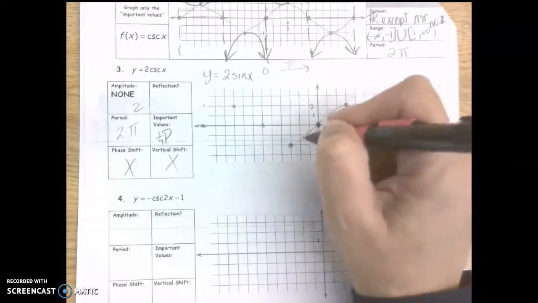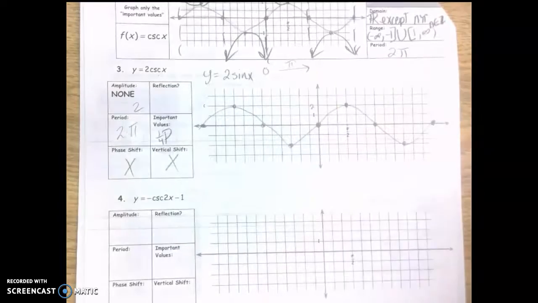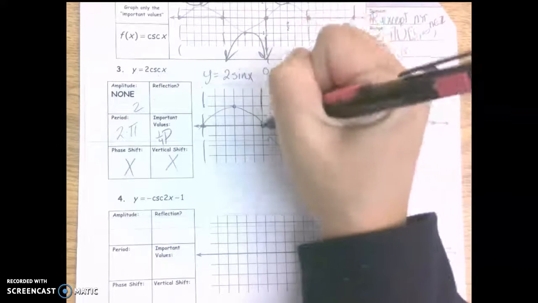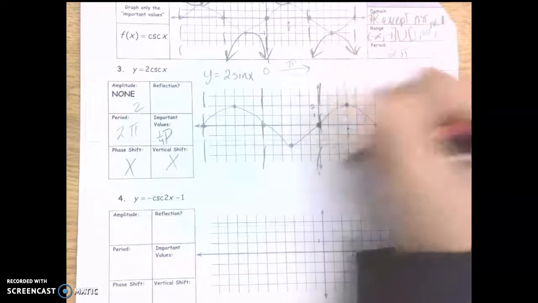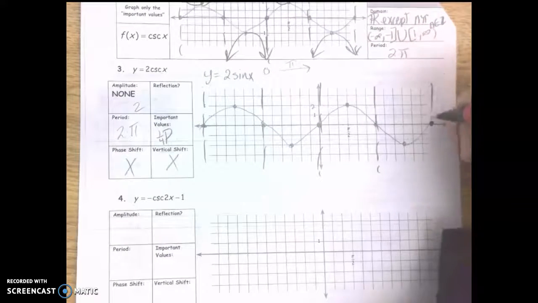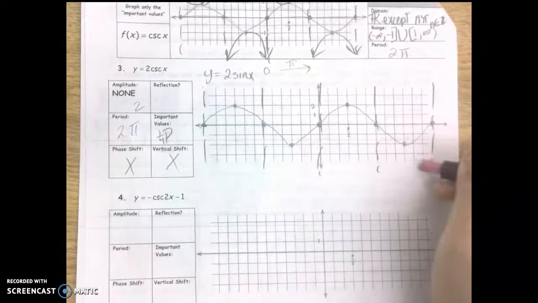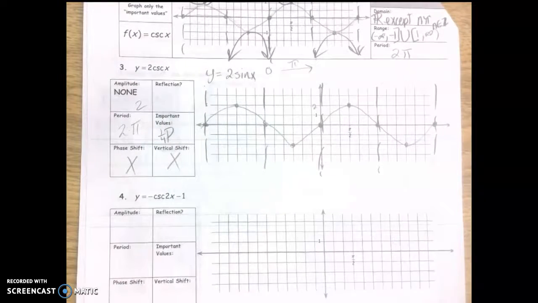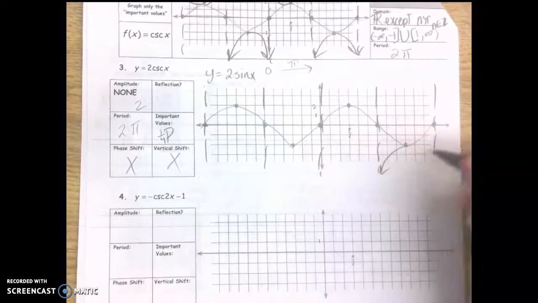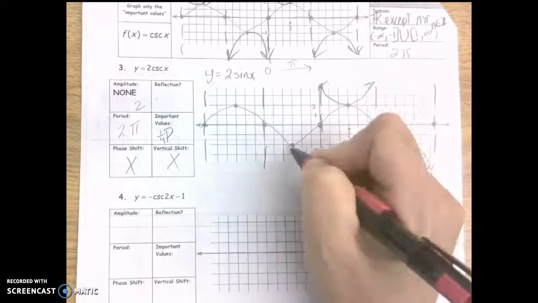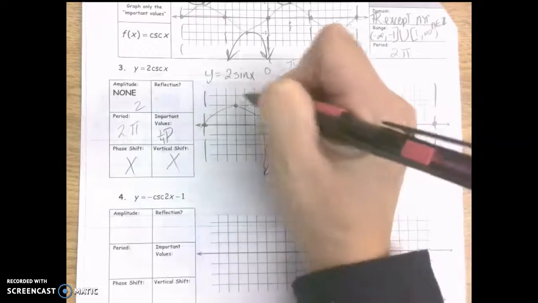Lightly sketch in sine, and where there is a 0, I have an asymptote. Okay, then all the minimums get a lower secant bowl, all the maximums get an upper secant bowl.